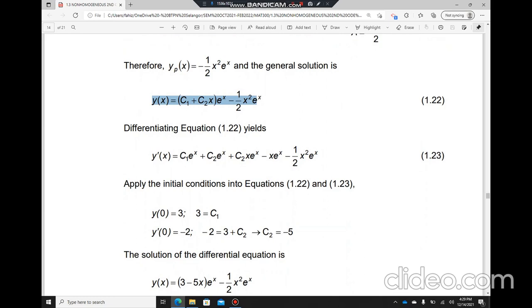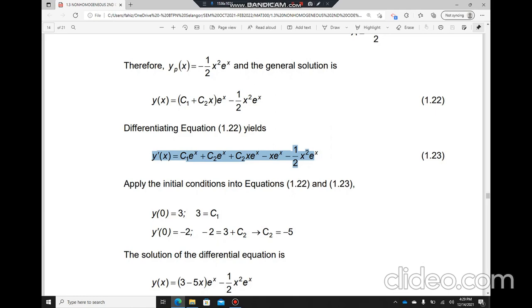So you get equation 1.23. Okay, so dapat Y prime. Okay, kat sini dapat Y prime. Okay, Y prime equals to C1EX plus C2EX plus C2XEX minus XEX minus 1 over 2X square EX. So dapat daripada sini. So make sure awak check betul-betul yang mana kena guna product rule.